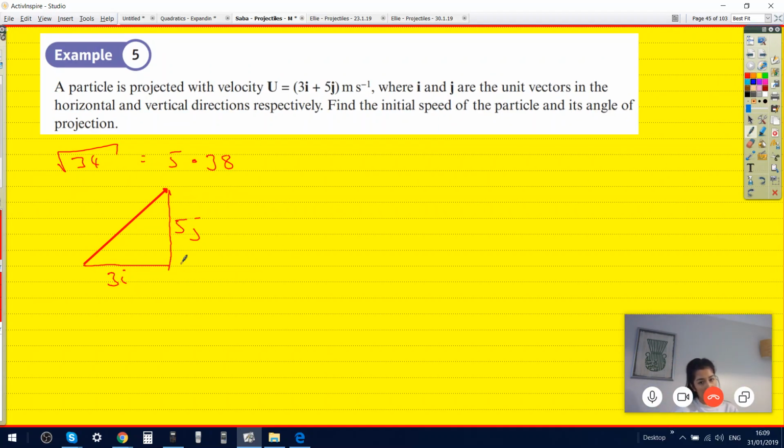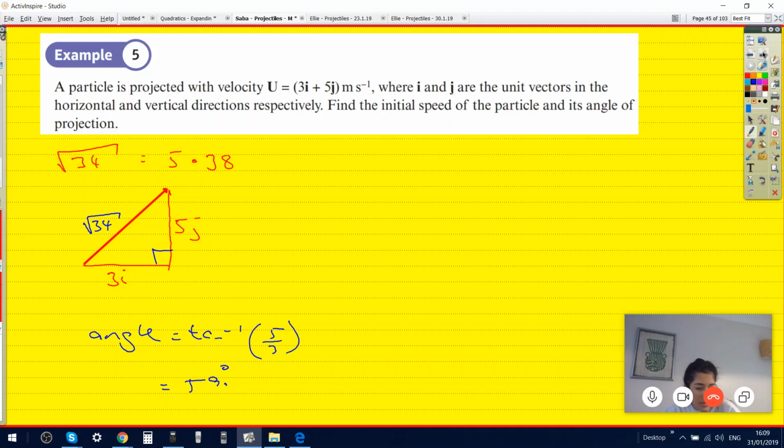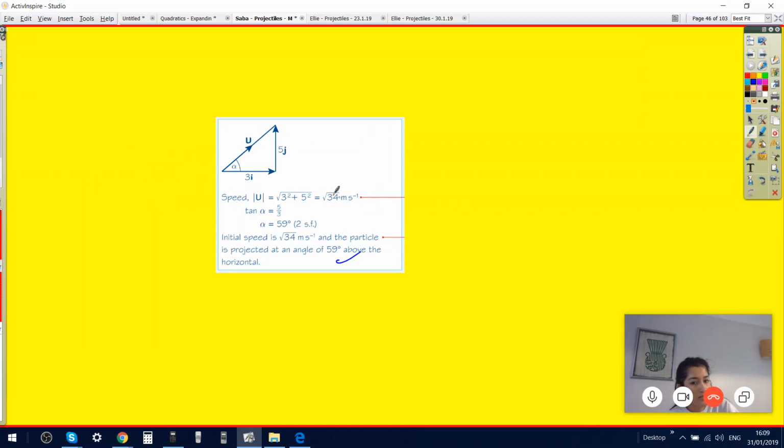And then find the angle of projection. So that's theta equals tan minus 1 of 5 over 3, which is 59 degrees. How many decimal places? It doesn't say. 59 degrees.